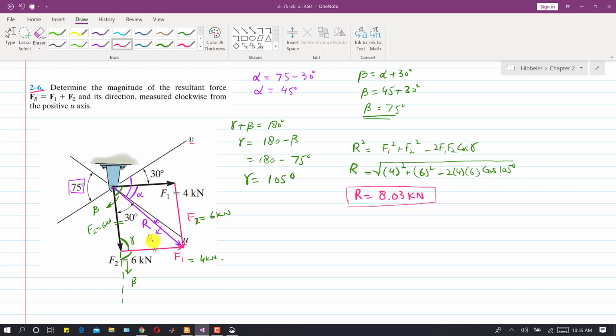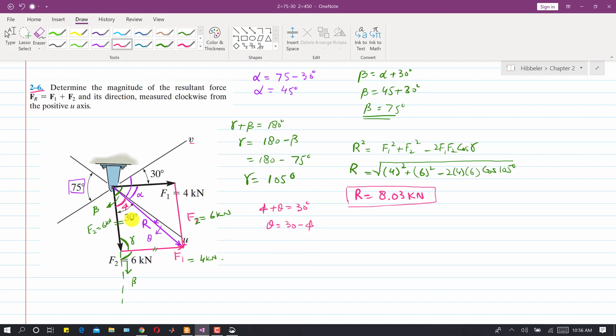To find this theta, if we find this angle somehow, let's suppose this angle is phi. If we find this phi, then this phi plus this theta is equal to 30 degrees. From here we can see, this phi plus this small angle, so I can write that phi plus theta is equal to 30 degrees. Then if we determine this phi, theta will be equal to 30 minus phi, right?